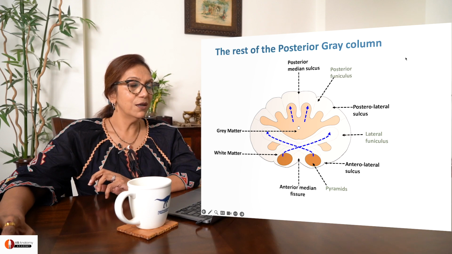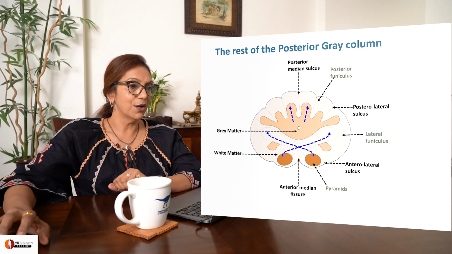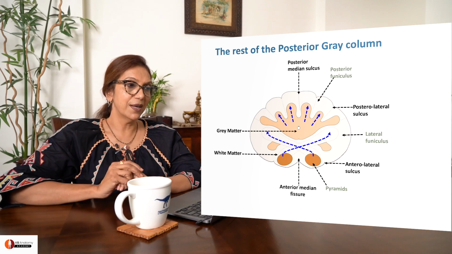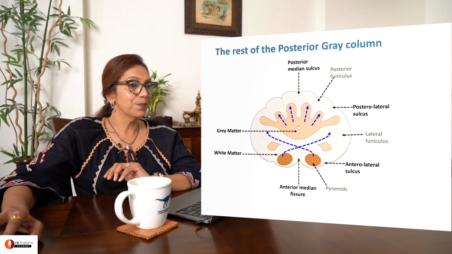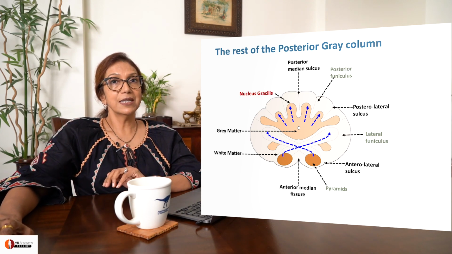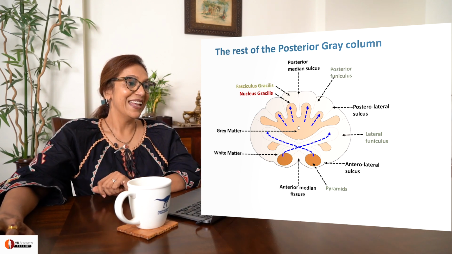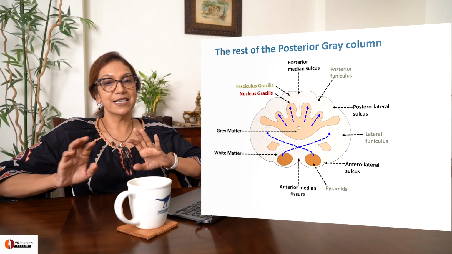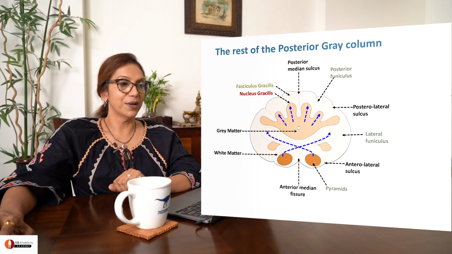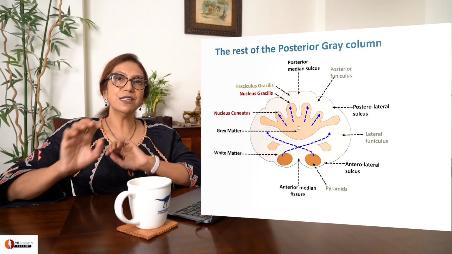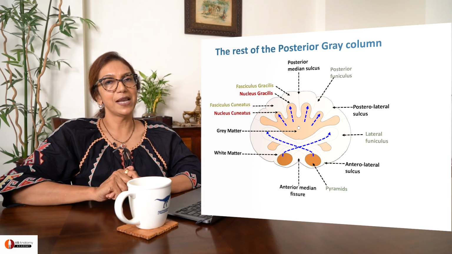Here you are seeing two more lateral projections of the posterior gray column. What are these? This is the nucleus gracilis. Remember gracile tubercle? Covered by fasciculus gracilis, which has come up from the spinal cord. This is nucleus cuneatus, covered by fasciculus cuneatus, which has come from the spinal cord.